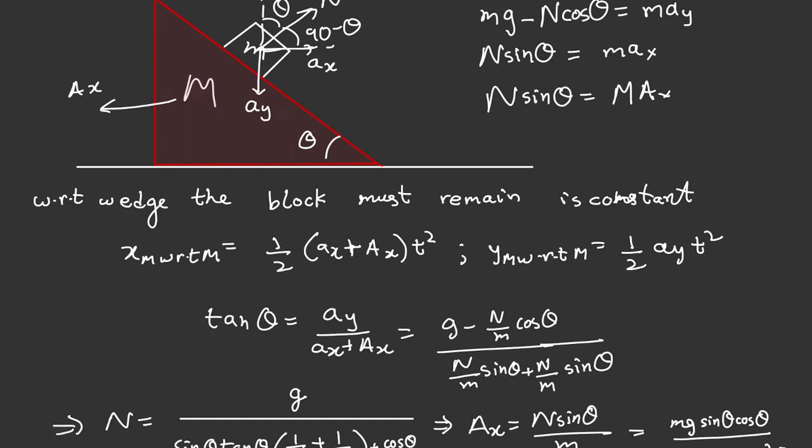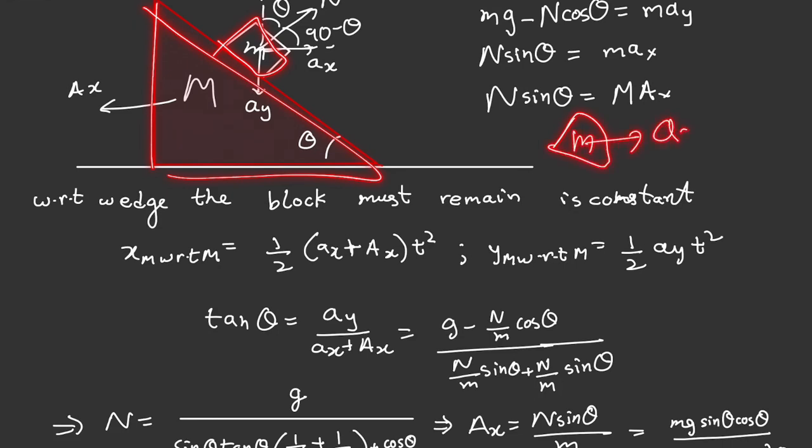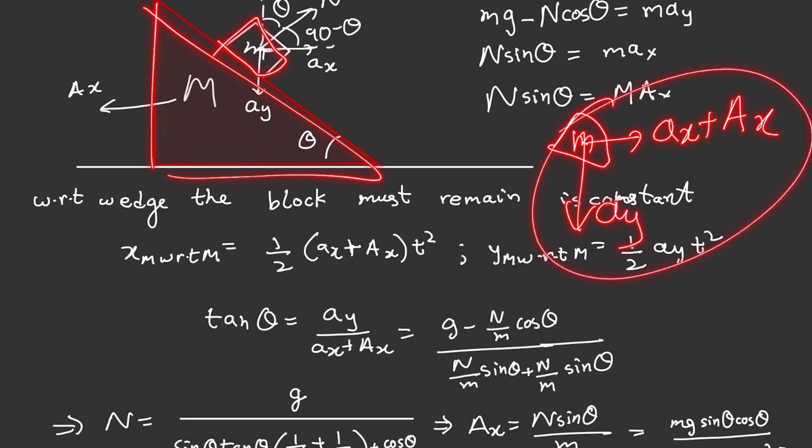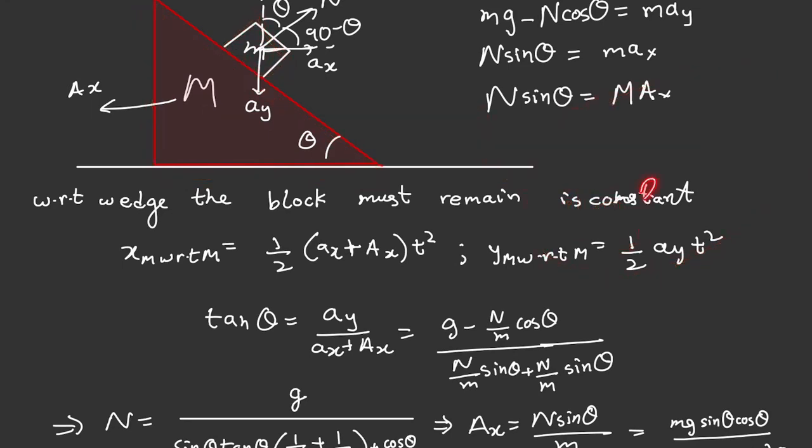So how do we solve this? We could write a constraint relation, but what I would like to do is look at this block from the frame of the wedge. It has a horizontal acceleration small ax plus capital X and a vertical acceleration ay. Since it must remain in contact, the x of m with respect to capital M must be half times small ax plus capital X, because with respect to the wedge, that is its horizontal acceleration.